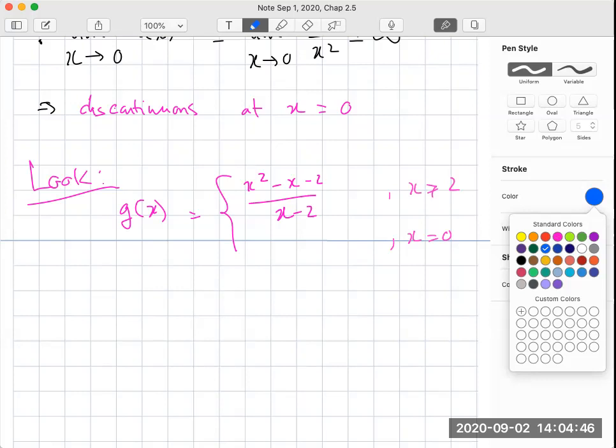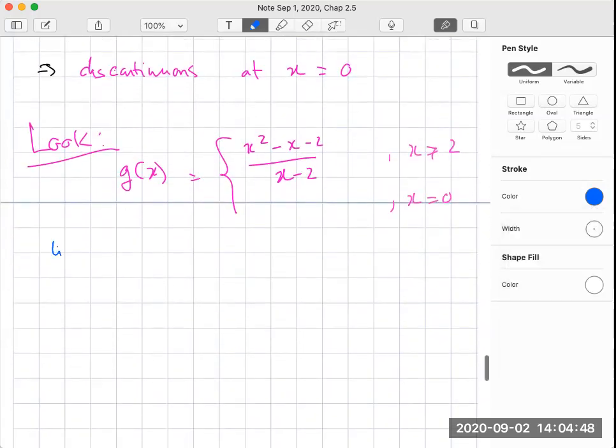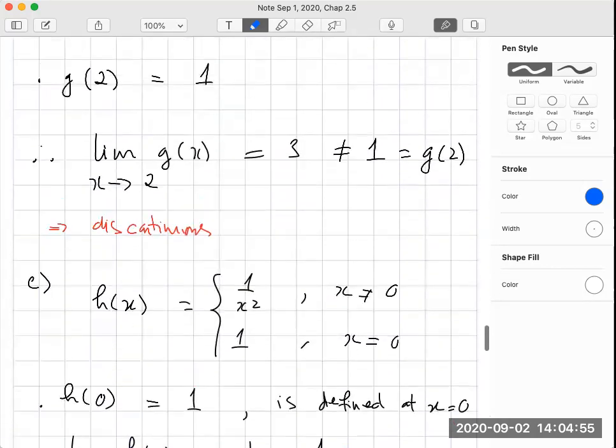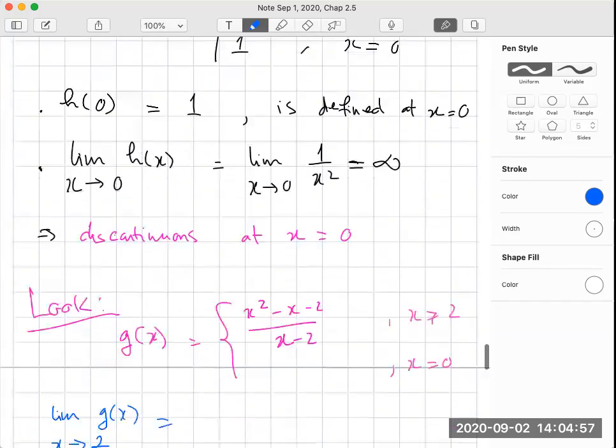We know that the limit of g of x when x approaches 2 is 3, right?